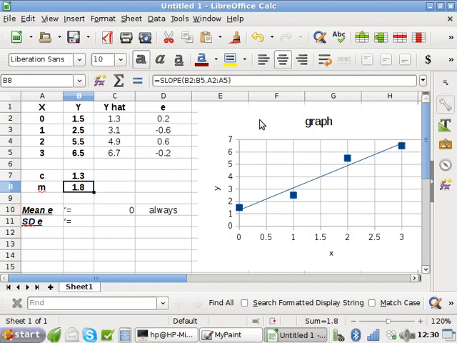What's your answer? Yes. Answer is 0.447. Okay, you got that?